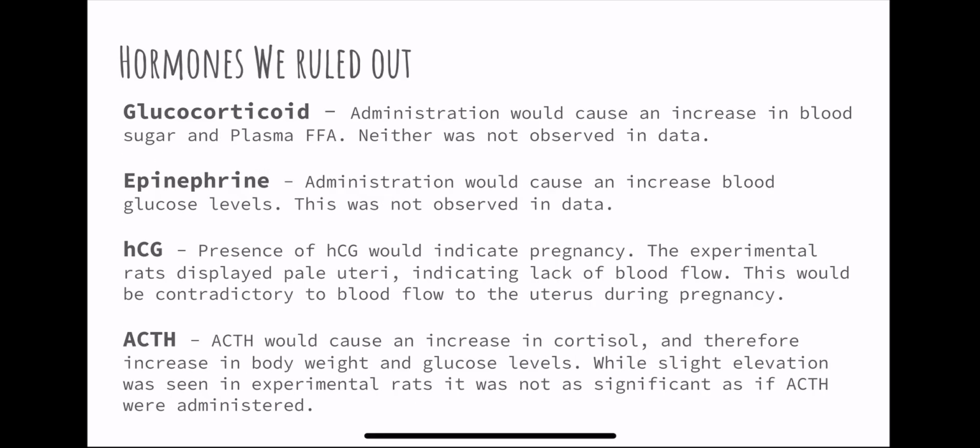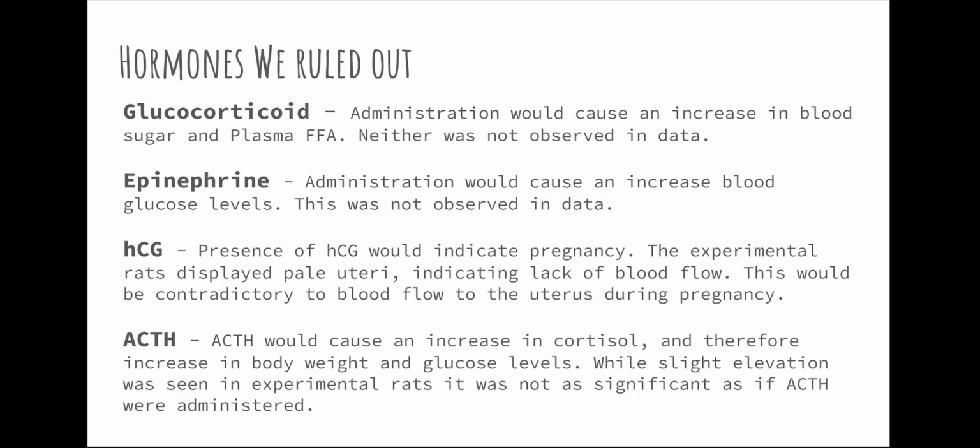So these were some of the other hormones that we ruled out as well. So we have glucocorticoid, which administration would cause an increase in blood sugar and plasma FFA, which neither was observed in data. So going into epinephrine, administration would cause the increase in glucose levels, which was not observed as well in our data.